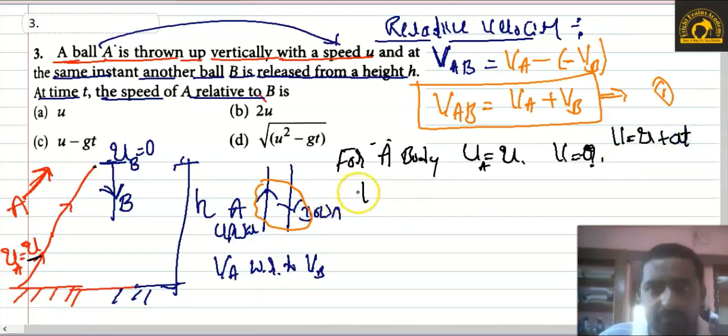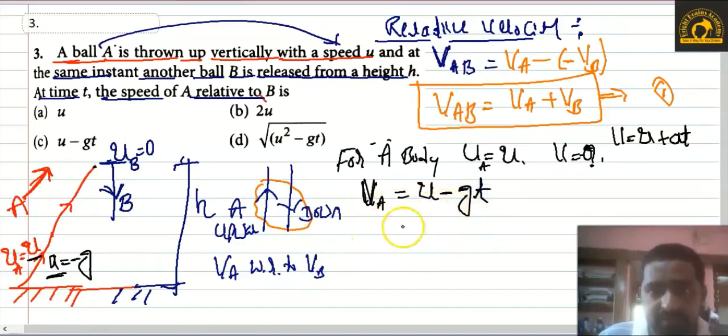For body A, VA is equal to u, and since the body is moving upward, a is equal to minus g, so VA is u minus gt.